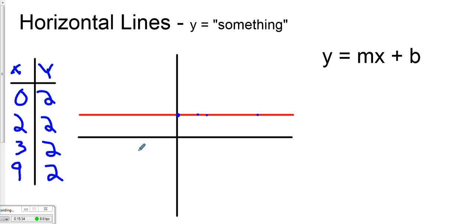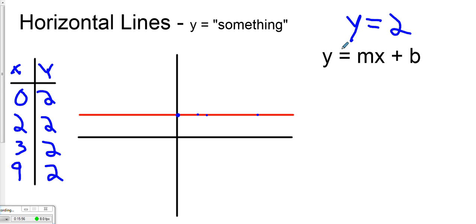It has not changed. The only connection between all of these points, this relation that we are seeing, is we have all the y values equal to 2. That's the only way you can make a rule that somehow relates this x value to this y value.